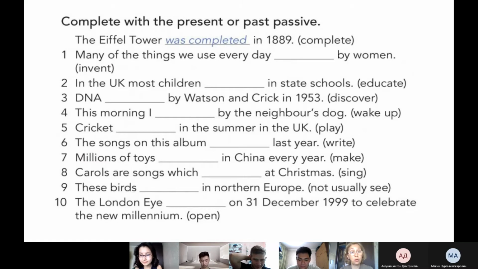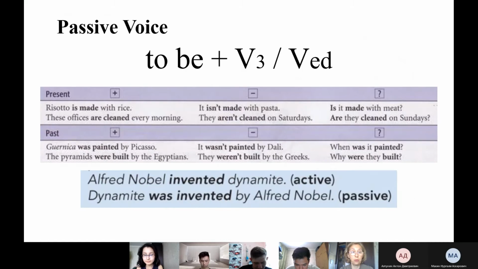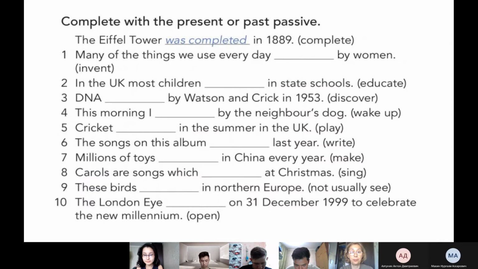А вам нужно сказать, что вы были разбужены соседскими собаками? Значит, вот у нас passive voice как глагол to be в какой-то форме. В настоящем или прошедшем? Так, тогда this morning I разбужен. Wake. Третья форма woken up. This morning I woken up by the neighbor's dog.